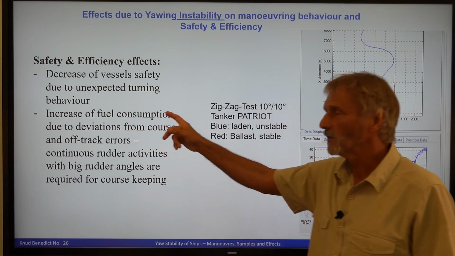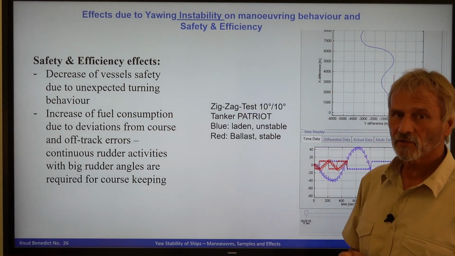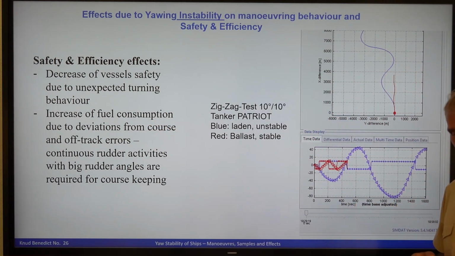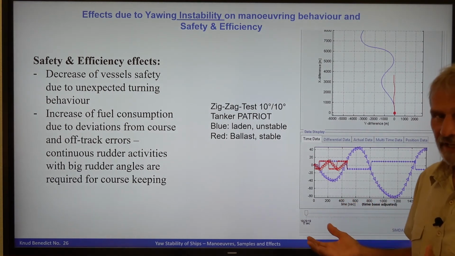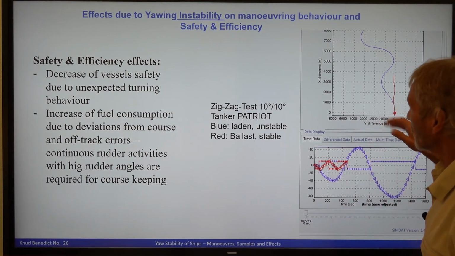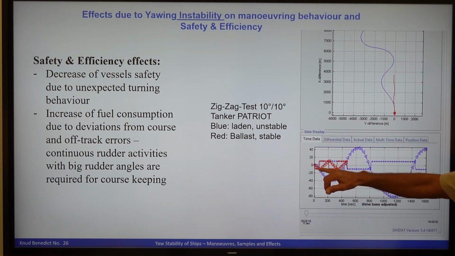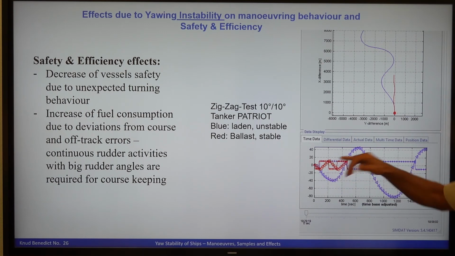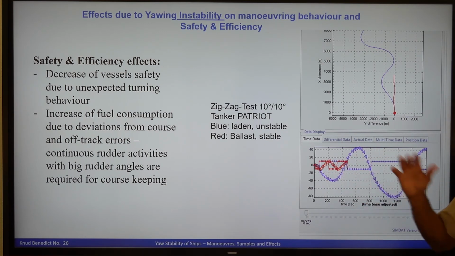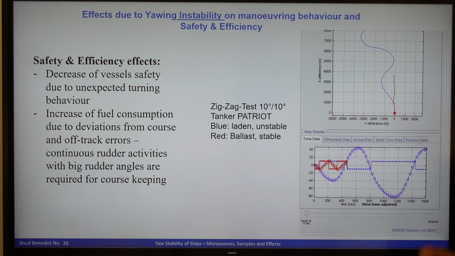This effect leads to an increase of fuel consumption, if you always get big off-track errors. I have made an experiment with the tanker I already have shown before, and this is for a zigzag test. So this is like a course keeping test, where you use the rudder, here in this case 10 degrees to port side and to starboard side periodically to keep the ship in a certain direction.